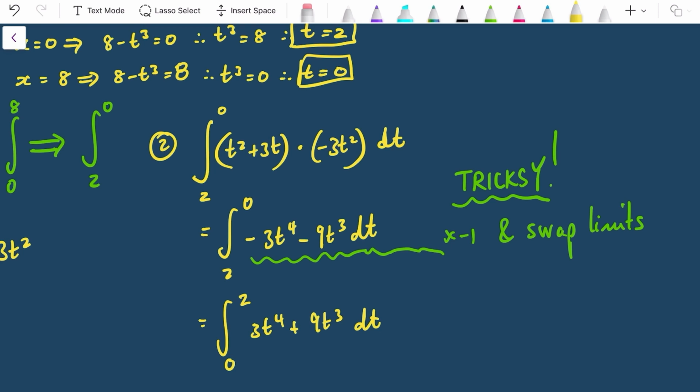If you multiply every term by -1 and swap the limits, you're going to get the same value as if you just do it as we've written it here. However, you won't have to deal with these negative signs.